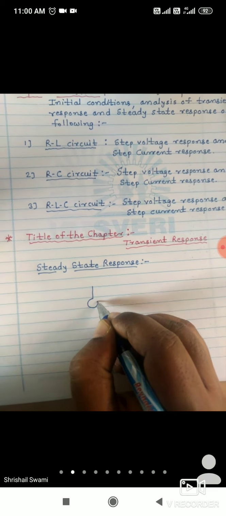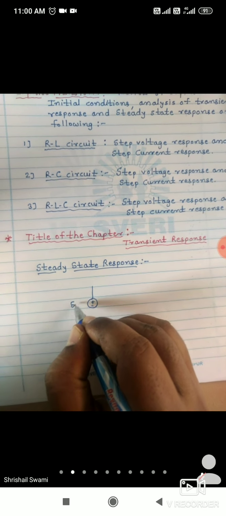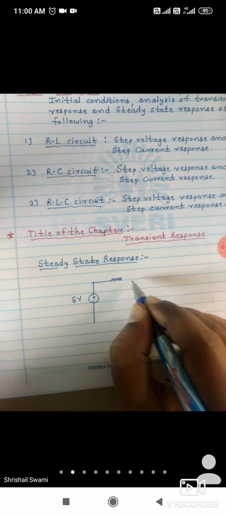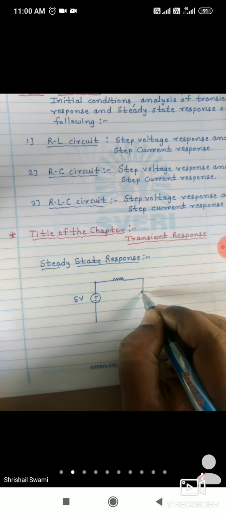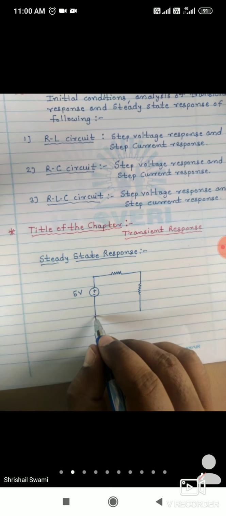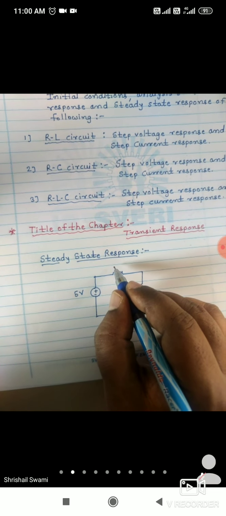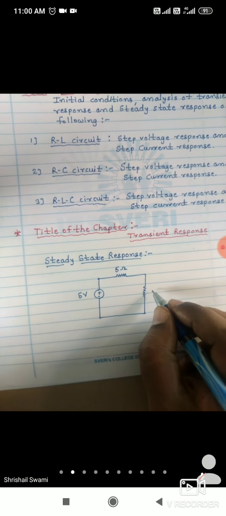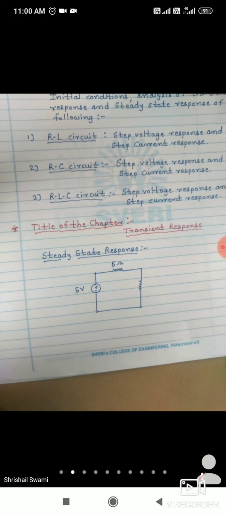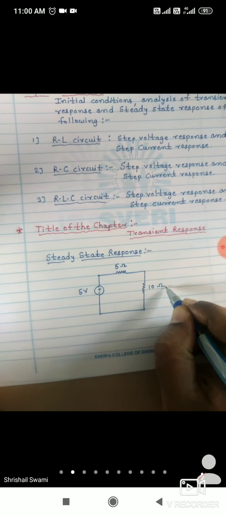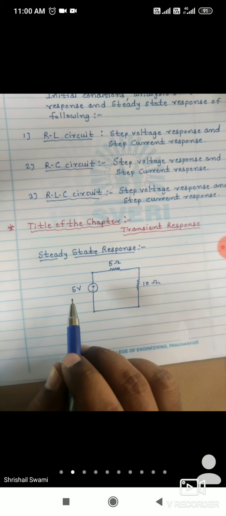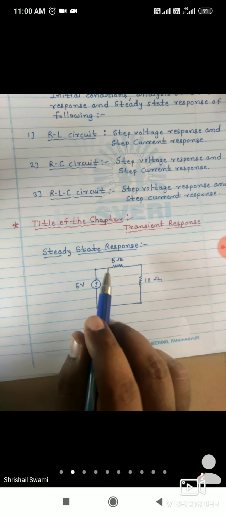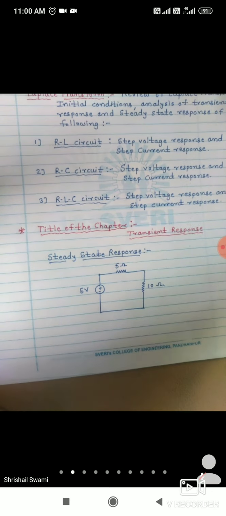Okay, so I will give an example before understanding the definition. Suppose we are applying a voltage source of 5 volt. So this is the DC source. Suppose these are the resistors R1 and R2, 5 ohm and 10 ohm, connected in series.